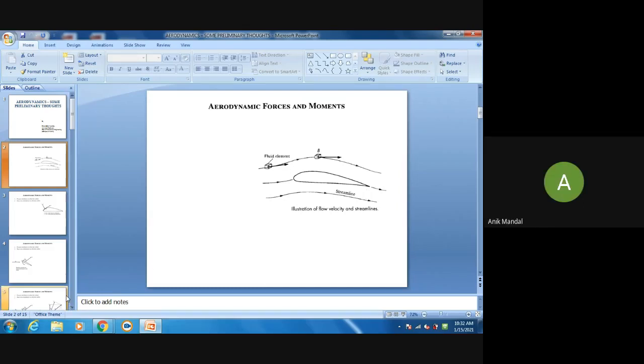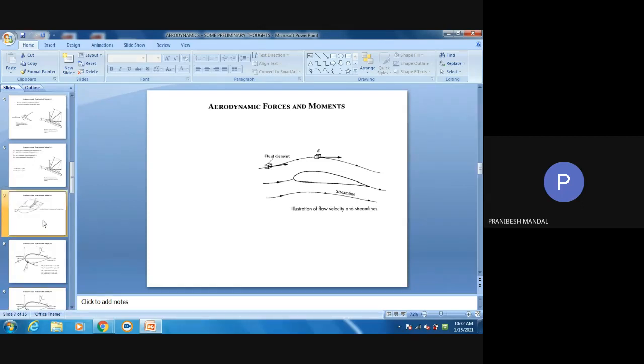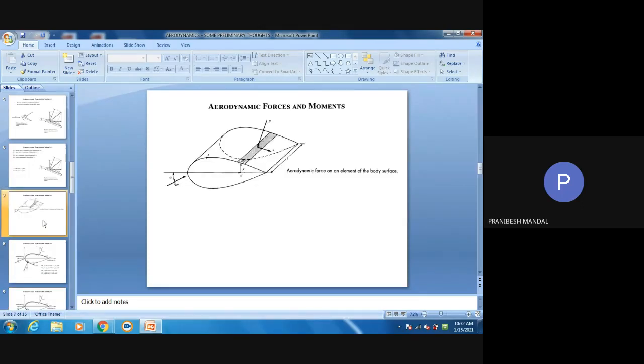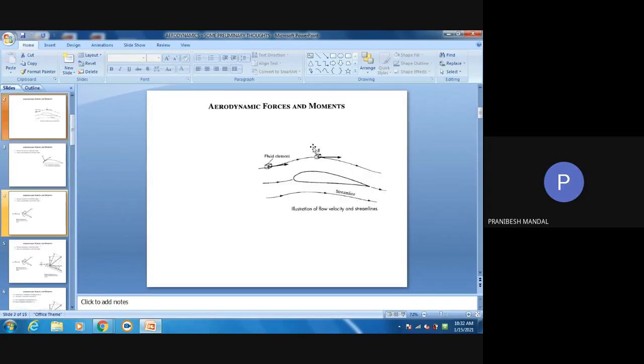The dimension along the span is taken as unit. So that will make every possible equation 2D.